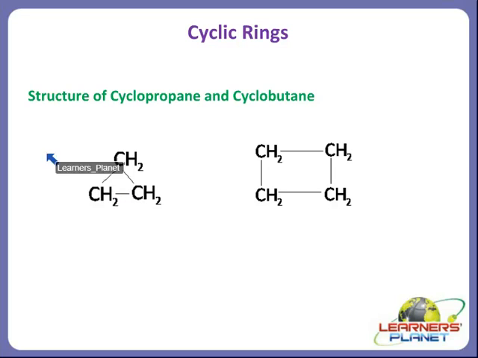What would be the formula, students? How many carbons are there? 3 carbon atoms. How many hydrogens are there? 6 hydrogen atoms. So C3H6 can be written in the cyclic form, or it can also be written like C and C. How many hydrogens are there?